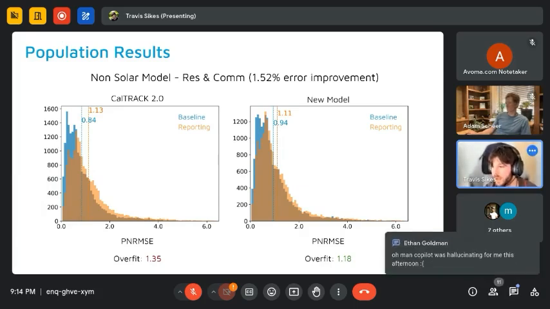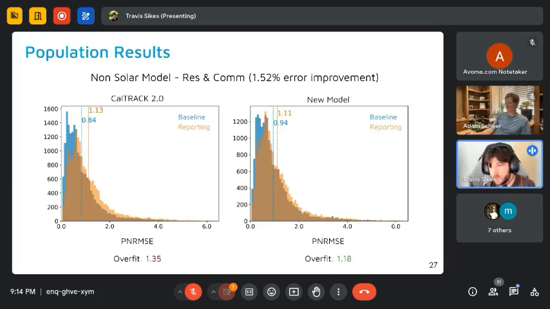Who knows? It's perfectly fine, but it's a lot faster and it's less overfit. So ultimately, that's going to save us money whenever we're running this model, and whenever we are estimating our uncertainty based on the baseline period, that's going to be a lot more accurate with the new model as opposed to Caltrack 2.0. So I say this is a net win.